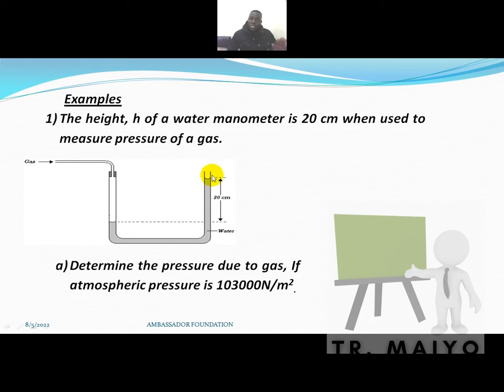If it is closed, please, there is nowhere the atmospheric pressure will function. Now in this case, the pressure due to the gas is rho GH plus 103,000. Rho is, it is water, so it is 1,000 times 10 times the height, which is 0.2. It is 20 centimeters, but when we convert it, it gives us 0.2. Then you add 103,000. You will get your total pressure because of the gas.